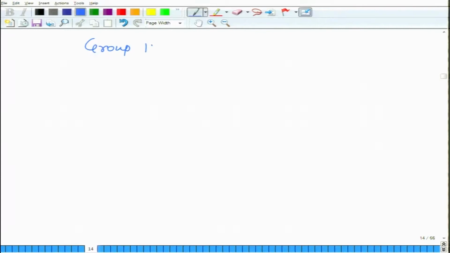and similarly you will have a decrease in the coefficient of thermal expansion. So if I now compare the fourth group elements, let us say group 4 elements. In group 4 elements we have carbon, we have silicon, we have germanium and we have grey tin.